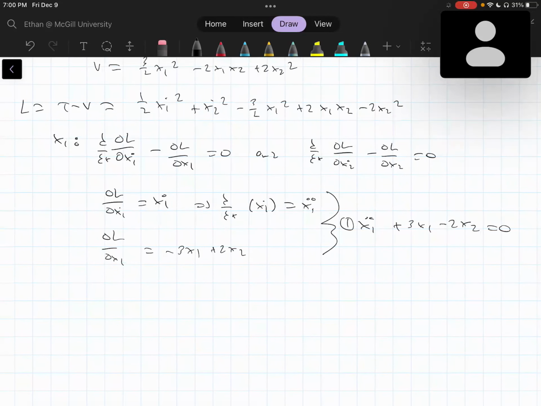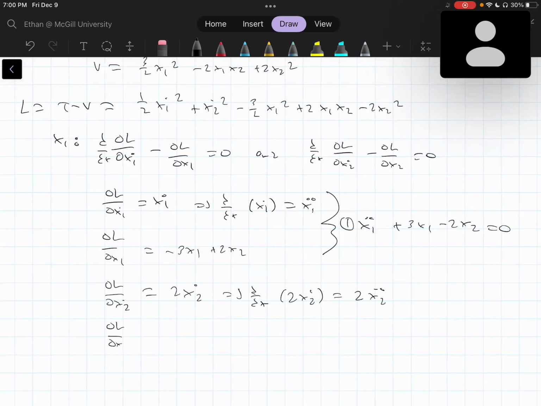And then similarly for x2, d by dt, sorry, partial L by partial x2 dot is equal to 2x2 dot. And then d by dt of 2x2 dot is equal to 2x2 double dot.